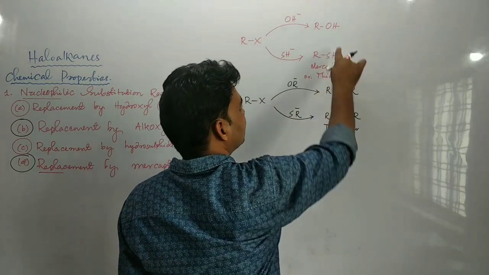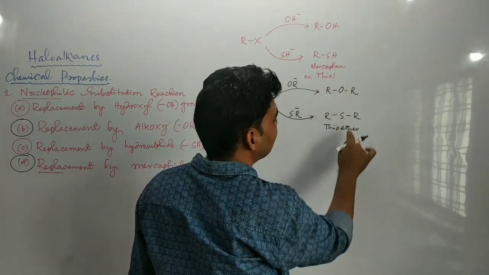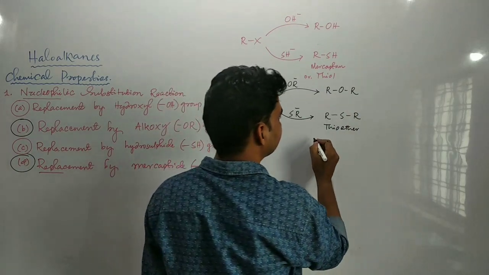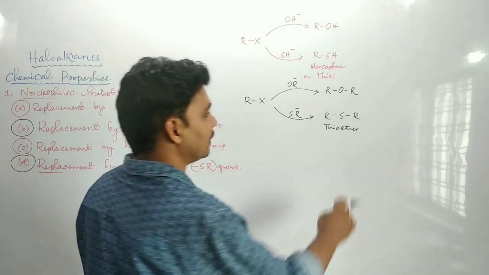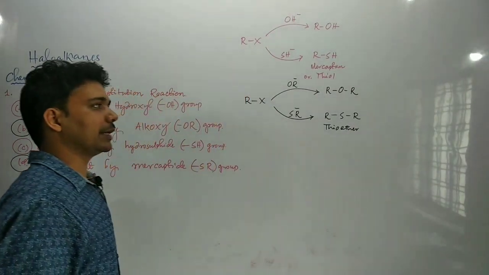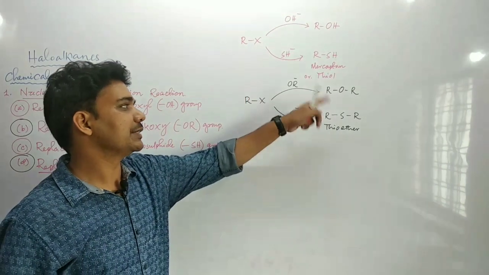This was alcohol, this is thiol. This is ether, it is thioether or alkyl sulfide. As a sulfide also, this can be named. Okay, thioether. These two reactions have similarity.